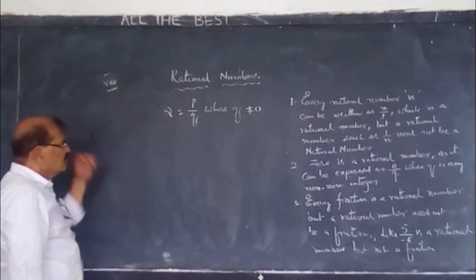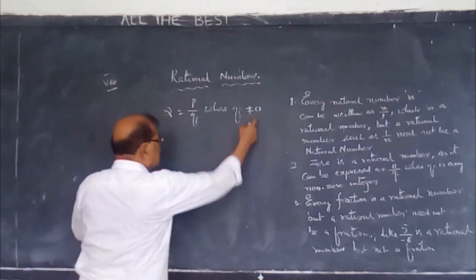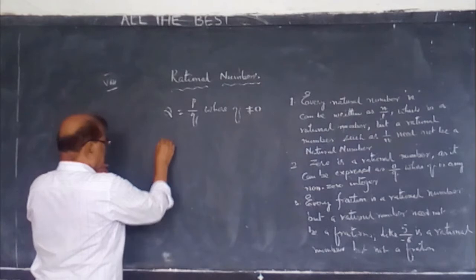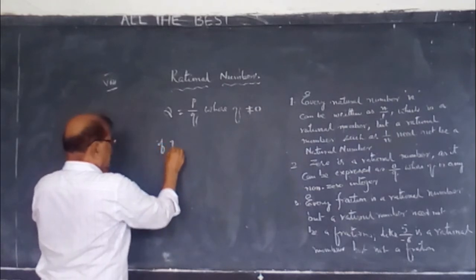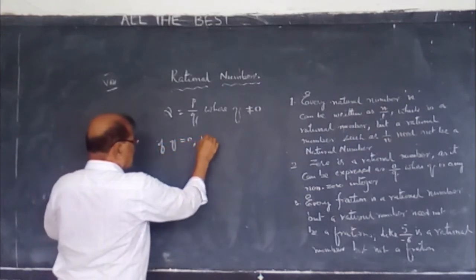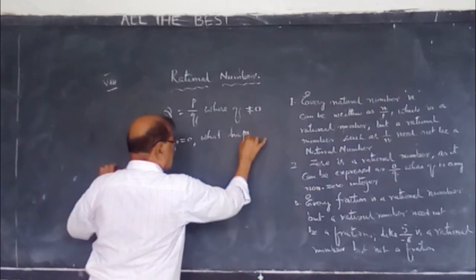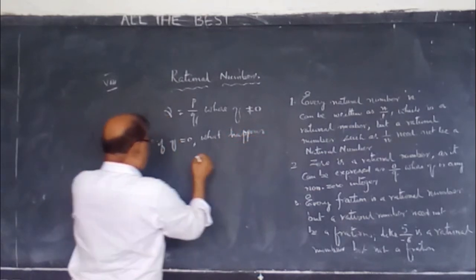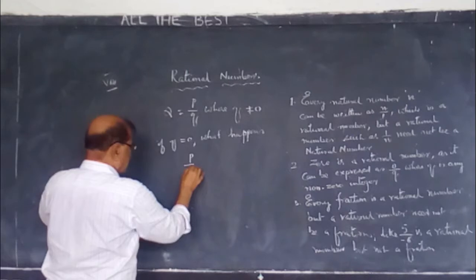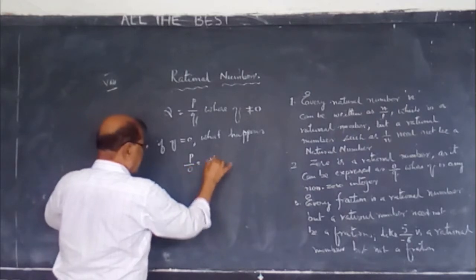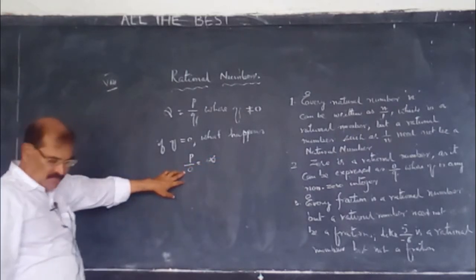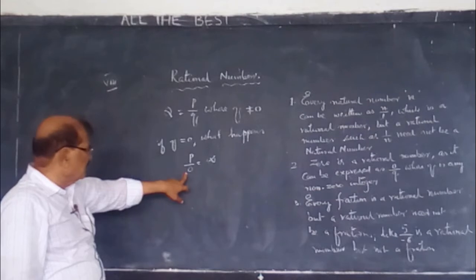So let us observe the condition q is not equal to 0. If q is equal to 0, what happens? p by 0 is nothing but infinity. There is no division by 0 in mathematics.